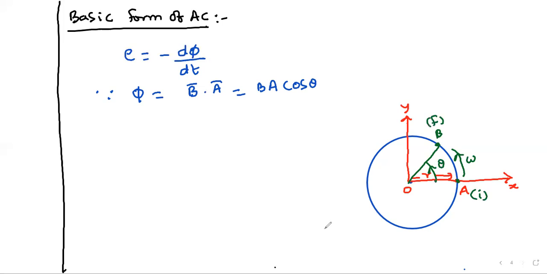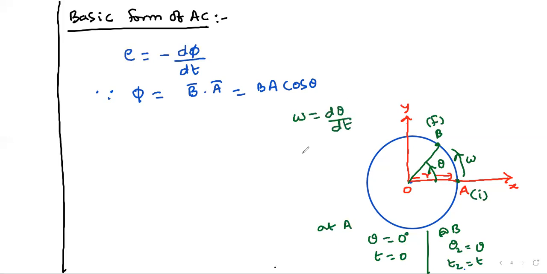When the particle is at A, the initial angular displacement is 0 and the initial time is 0. At B, the angular displacement is theta and the time is t. So by definition, omega equals d theta by dt.